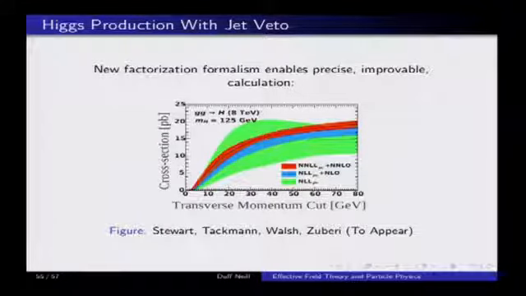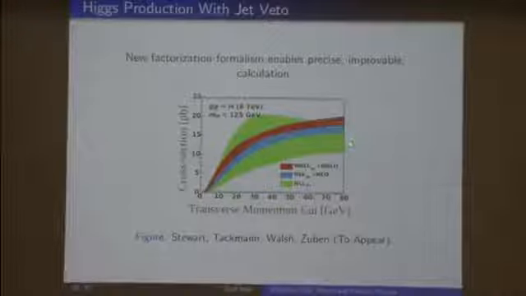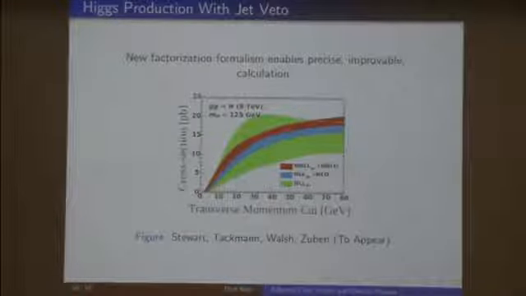So here's a plot made by a professor here at MIT using this formalism that my collaborators and I developed to describe these types of collisions. And each band in this plot is an increasingly more accurate prediction for how the production is going to be performed. And along this axis, there's a cut in the transverse momentum.